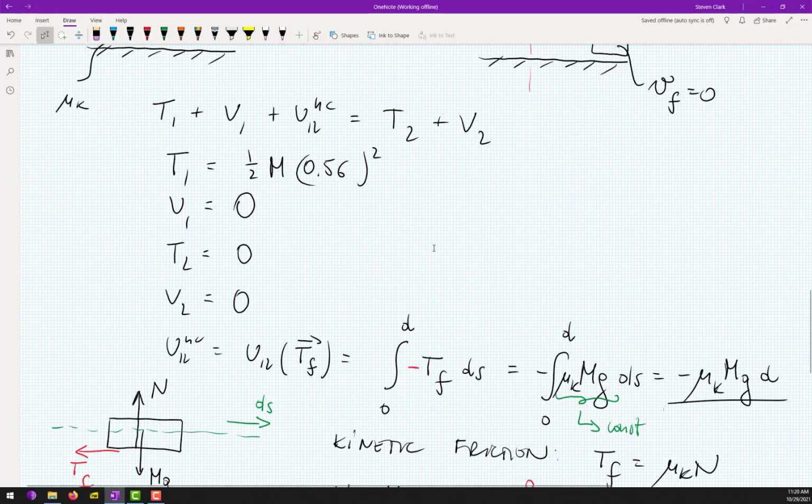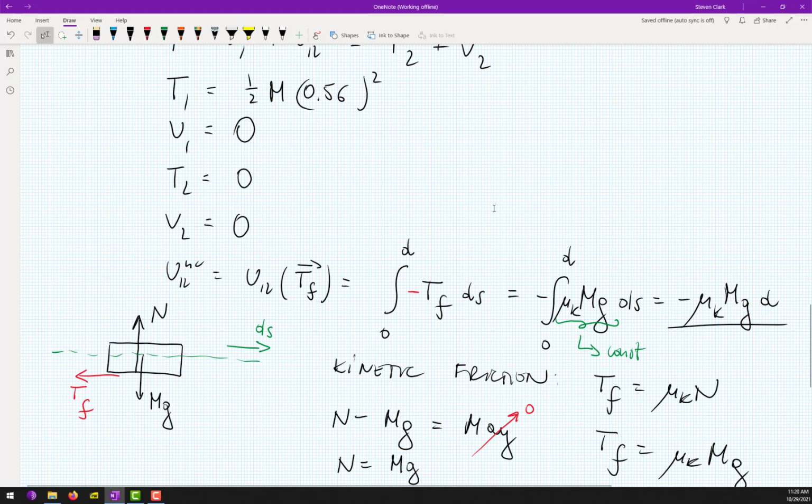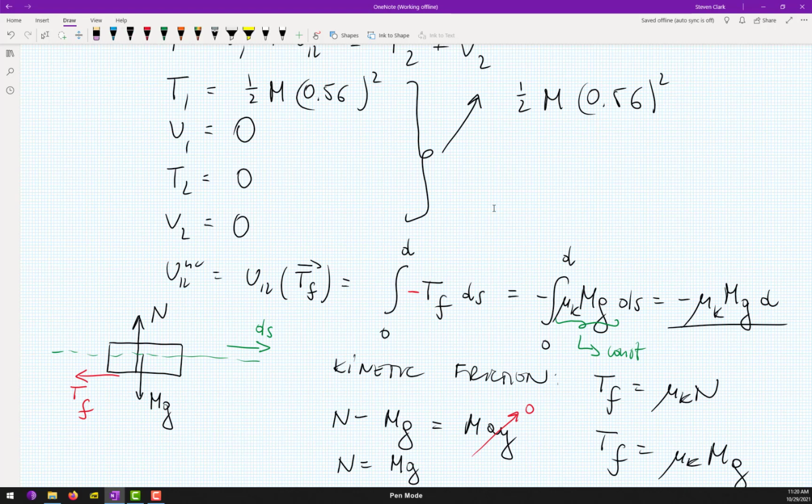I have enough space in here to solve that problem. So we will have 1/2 m 0.56 squared minus mu k mg d is equal to 0.